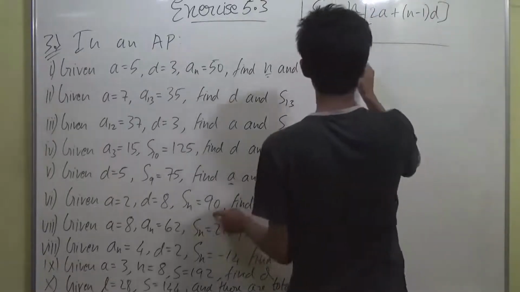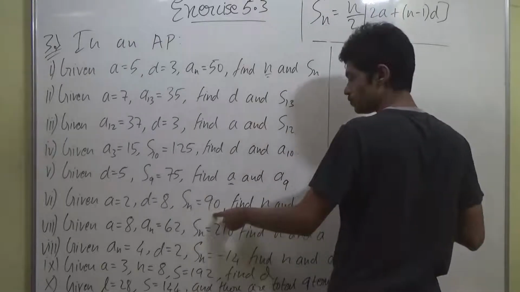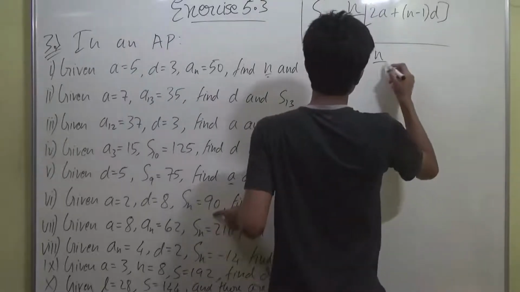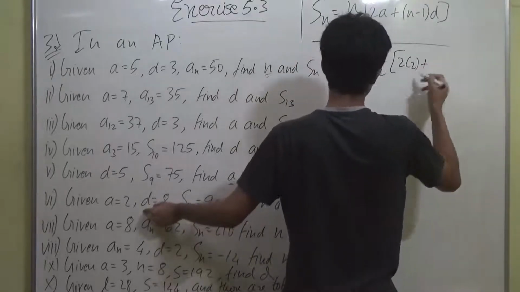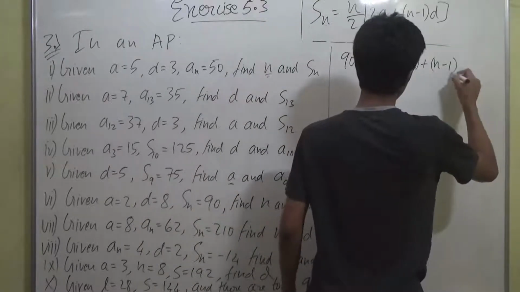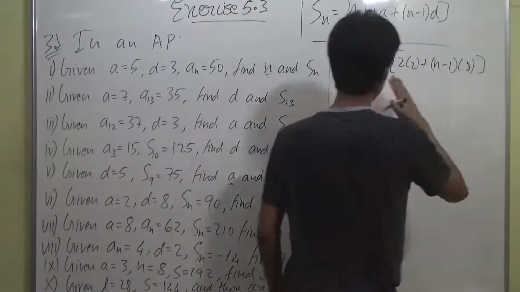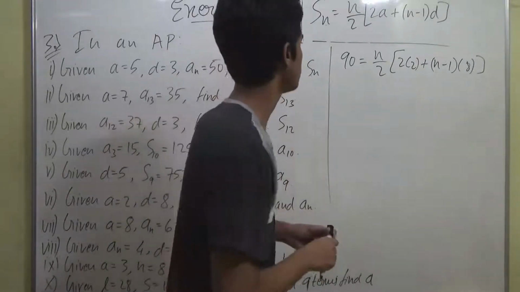So we'll put these values into this equation. S of n equal to 90 equal to n by 2 into 2a. 2a is 2 into 2 plus n minus 1 into d. n minus 1 into d is 8. Done guys. So this became your equation now. Now let's try to find the value of n by solving it.